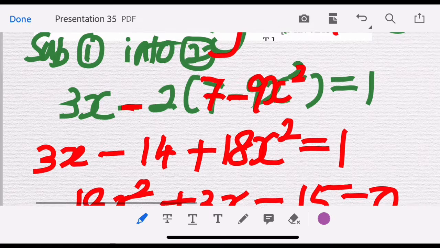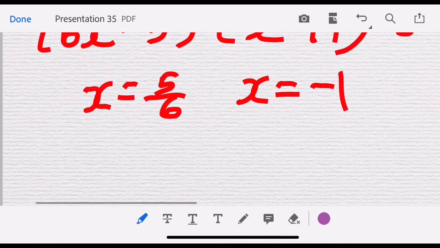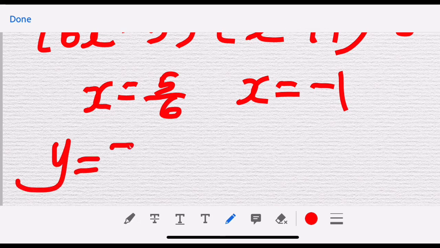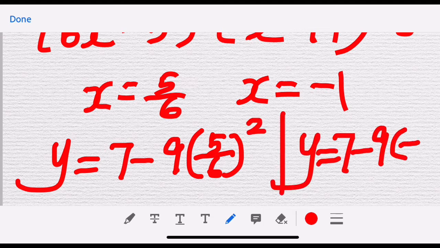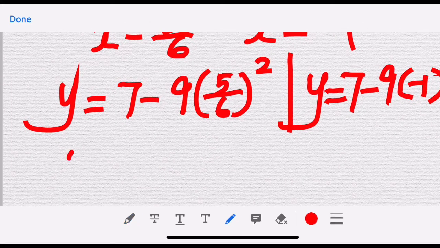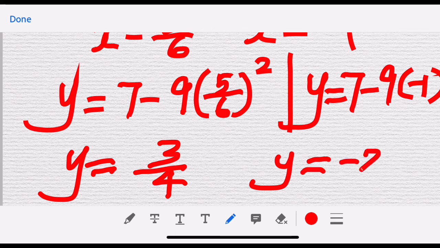For each of the x, you need to substitute into the y. Y is 7 minus 9x squared. Don't forget. Y is 7 minus 9 times negative 1 squared. Let's solve carefully. You press a calculator, I'm sure you get 3 over 4 for this answer, and for this answer you will get 7 minus 9, which is negative 2.